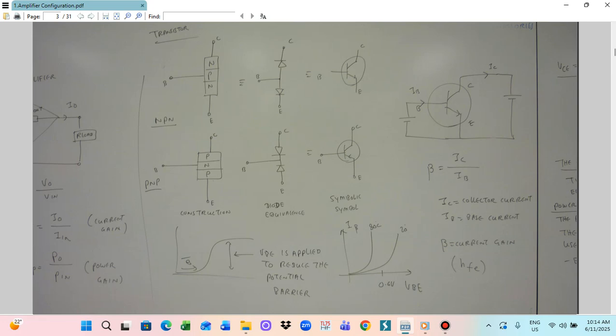IC is the collector current, IB is the base current, and beta is the current gain.